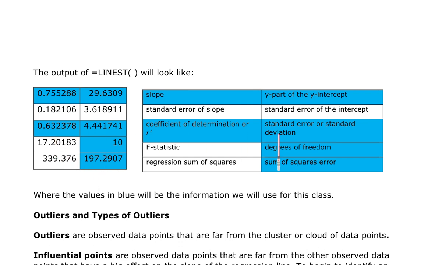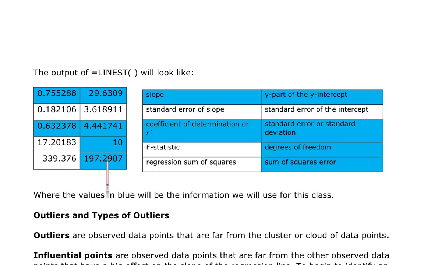This number right here is a standard error or standard deviation. It's called the standard deviation, but sometimes it's referred to as the standard error. This already calculates your degrees of freedom, and this is the sum of squares error, so it's already there for you.